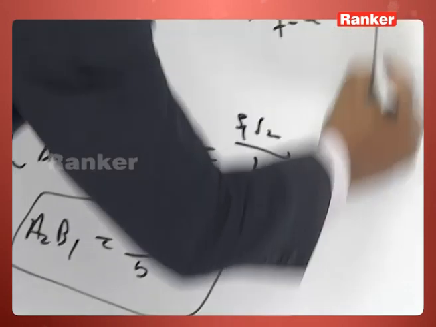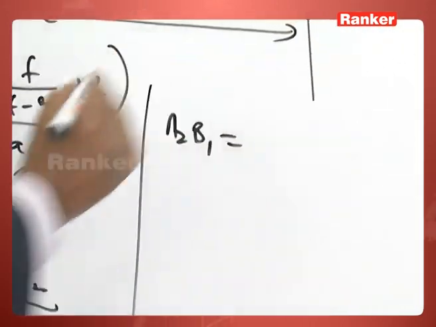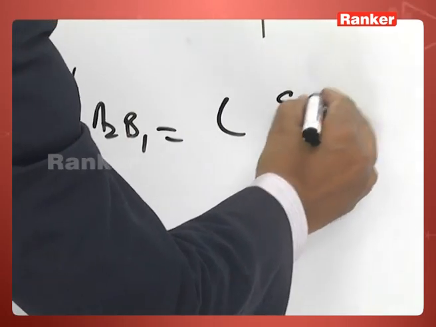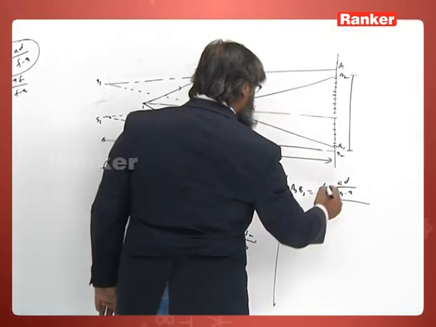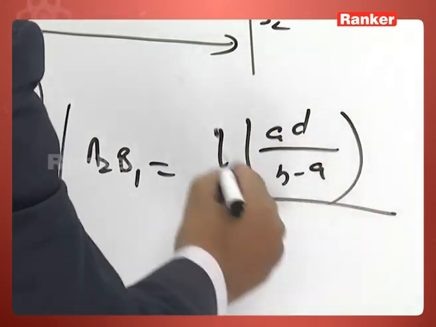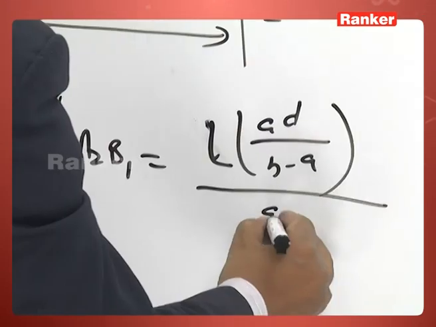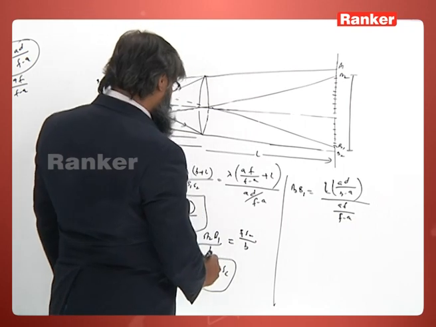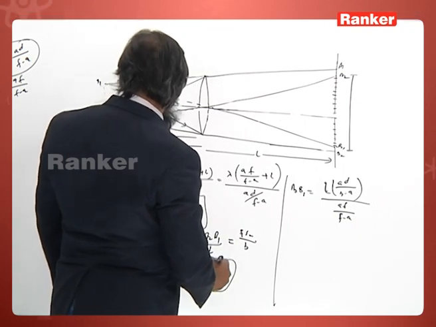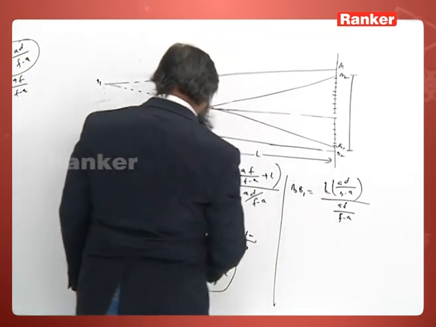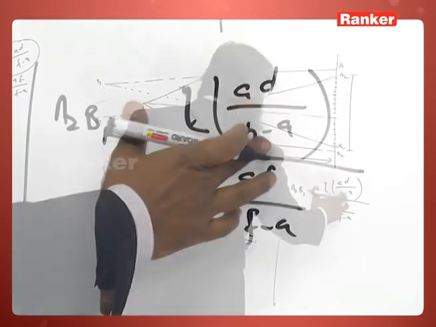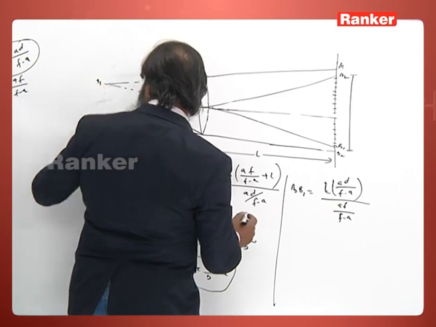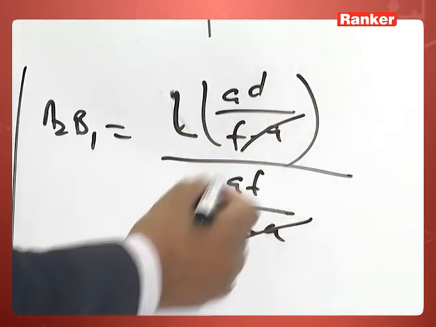So let us calculate it. A2B1 is L by b into S1S2. S1S2 is AD by F minus A, this is L into b. b is AF by F minus A. And this S1S2 already we have calculated is AD by F minus A. So F minus A cancels.